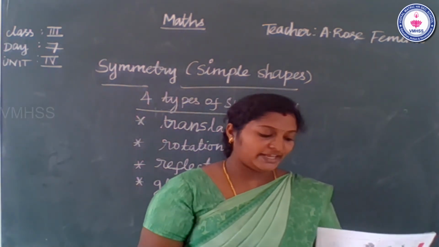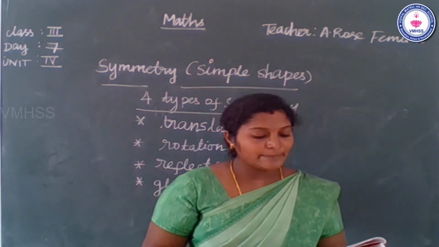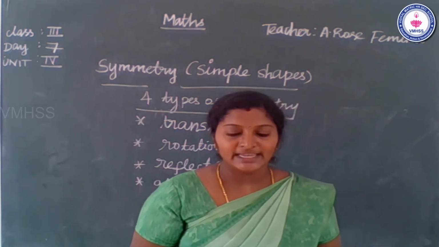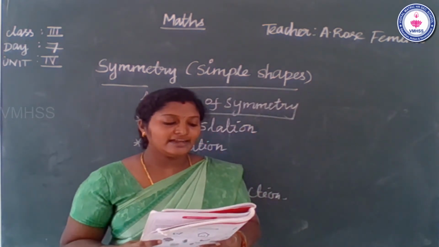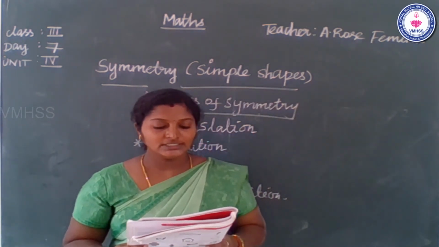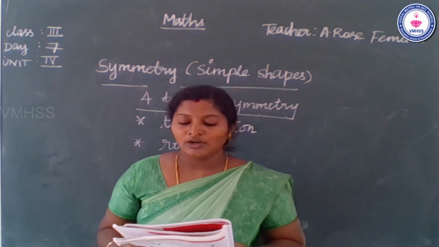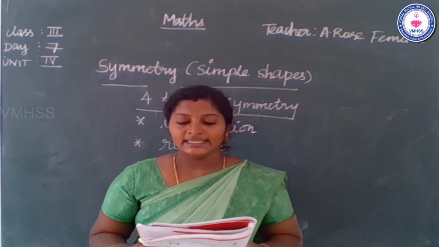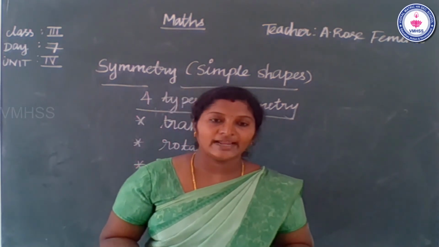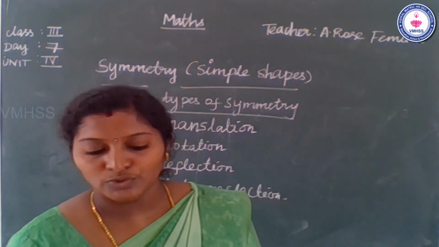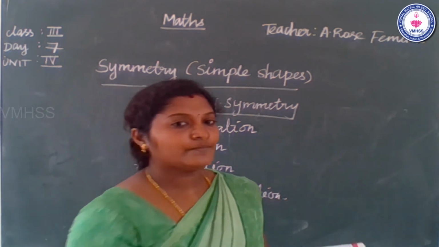Today we learn about symmetry of simple shapes. Read the question: tell whether the dotted line on each object represents a line of symmetry, yes or no. Listen carefully.